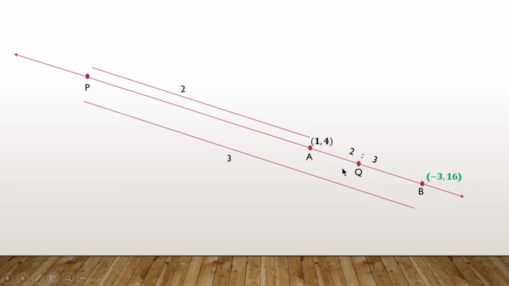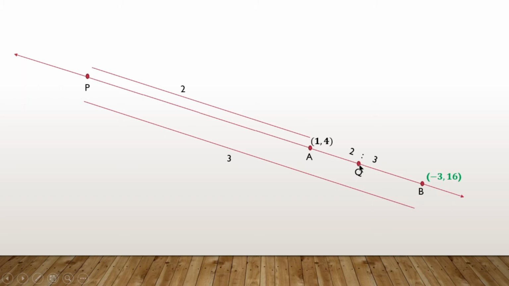So a point dividing AB in the ratio 2:3 can be of two kinds. One is lying on the line segment and one is outside the line segment. So Q is said to divide AB internally and P is said to divide AB externally.